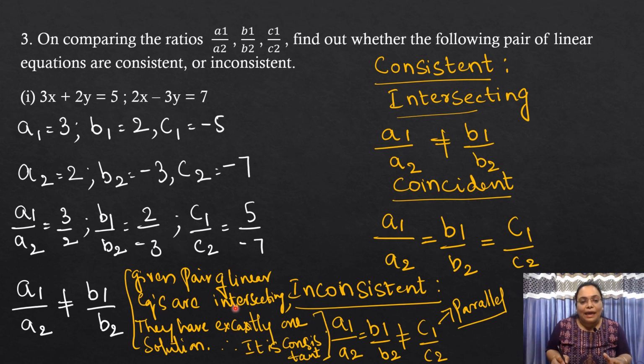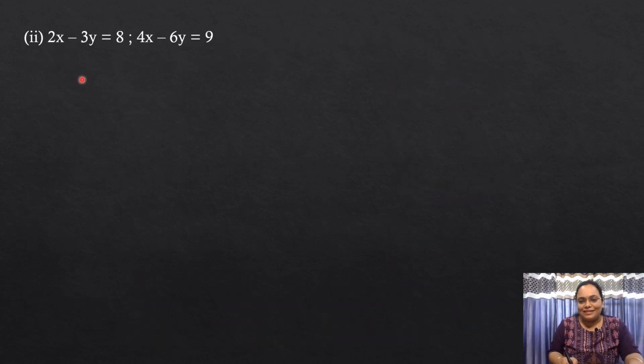So the given pair of linear equations are intersecting because we have got A1 by A2 is not equal to B1 by B2. So they have exactly one solution. Therefore, it is a consistent system. Clear? So, let us solve the next question.